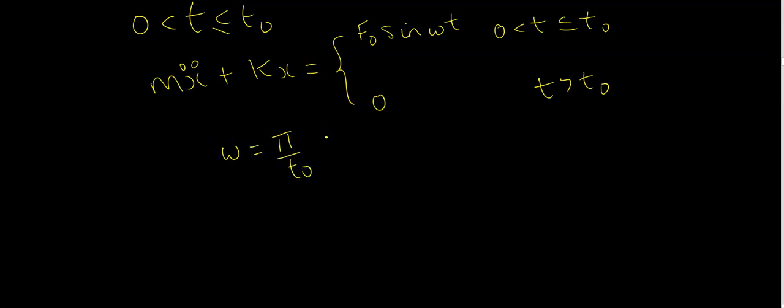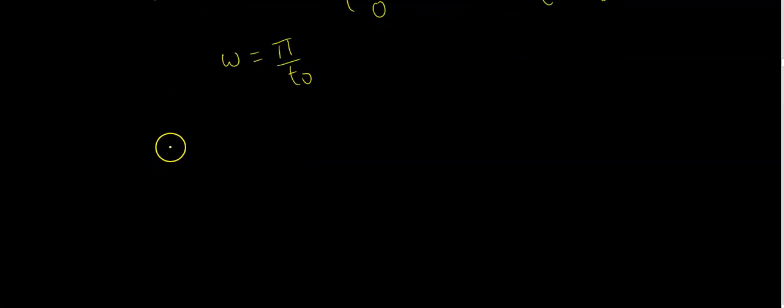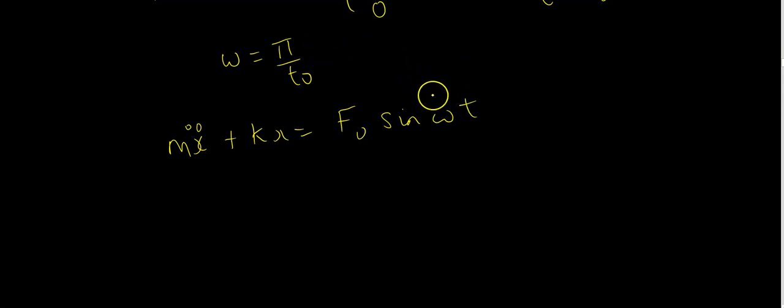But if I want to use the convolution just for this region of t less than or equal to t naught and greater than 0, then really what I'm interested in is just the equation m x double dot plus k x equals F naught sine omega t. And I'm not going to substitute pi on t naught; I can do that down at the end.